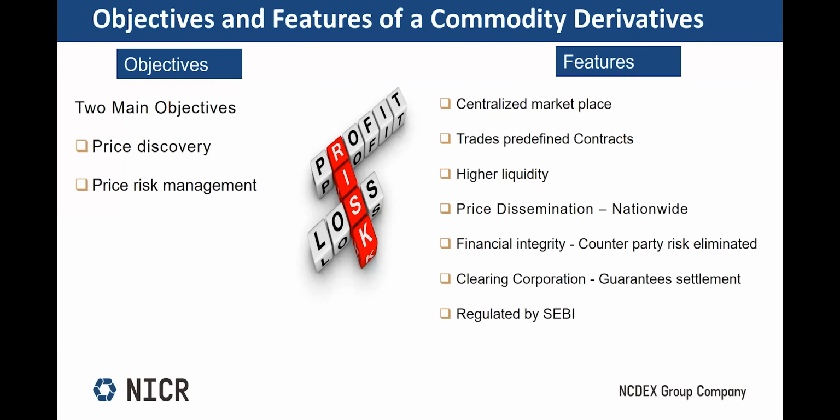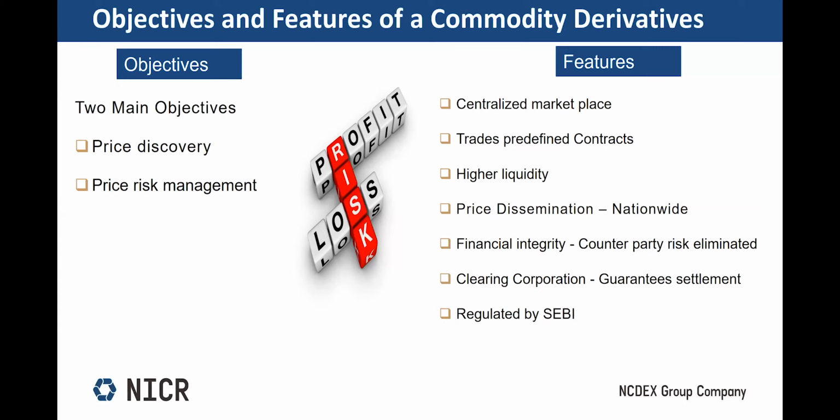So two major objectives, which we also talked about earlier: price discovery and risk management. These are the two important aspects, which is why it's repeated here. And the features in a nutshell: it's a centralized marketplace and digital in nature. The trades are predefined contracts, so the terms of the trade are already well known to both parties, the buyer and the seller.